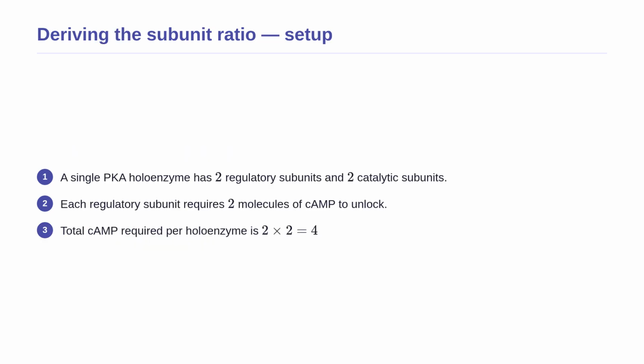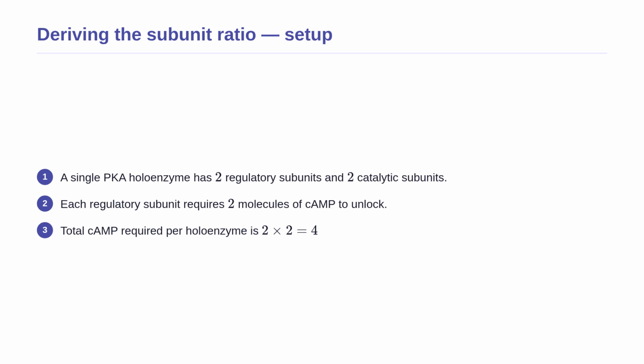Having successfully used the ratio formula, let us take a moment to formally derive where that ratio comes from biologically. We are setting out to prove why the multiplier is exactly 2. We start by looking at the physical structure of a single PKA holoenzyme. It is built from exactly 2 regulatory subunits and 2 catalytic subunits.